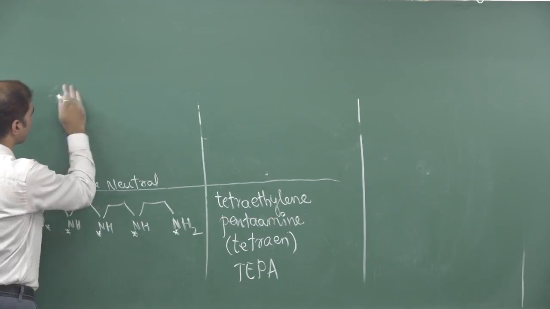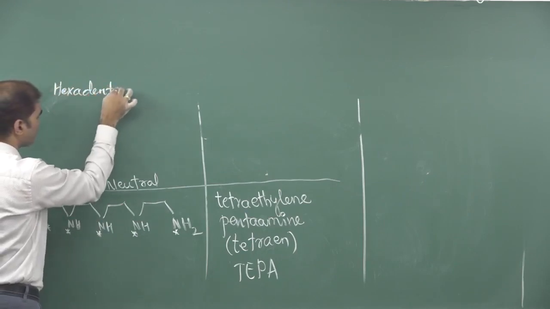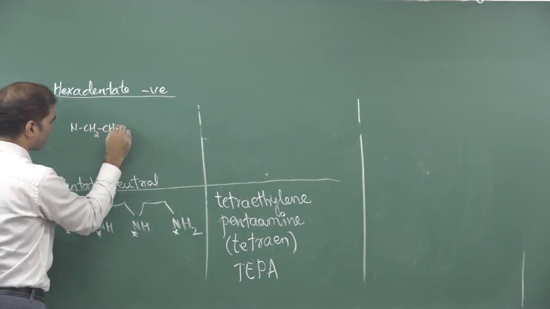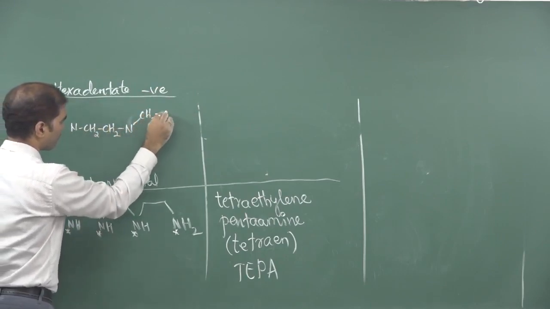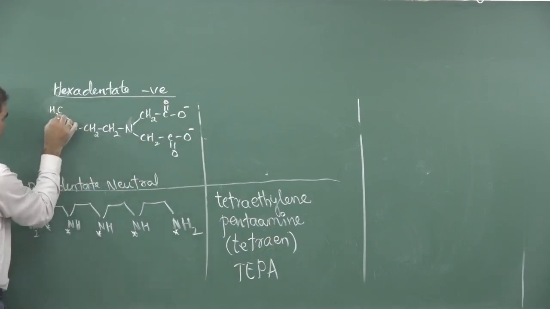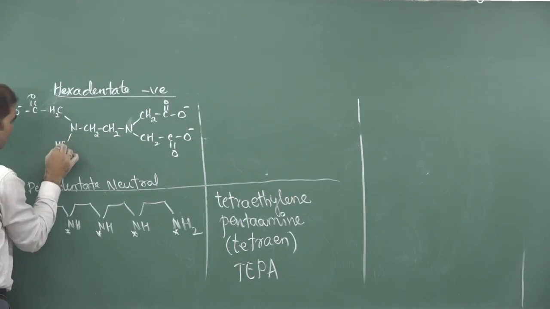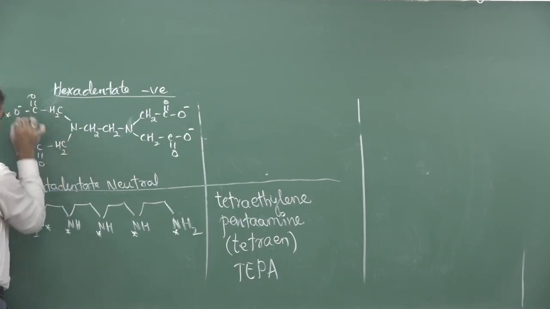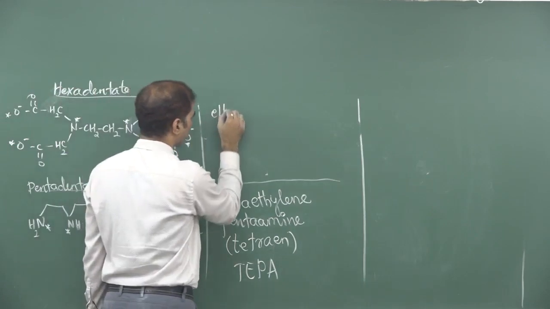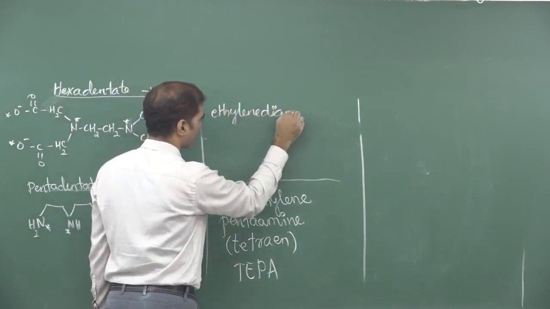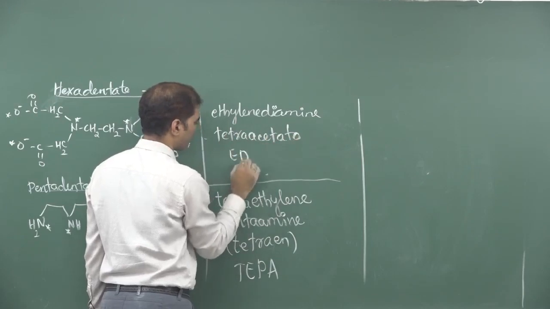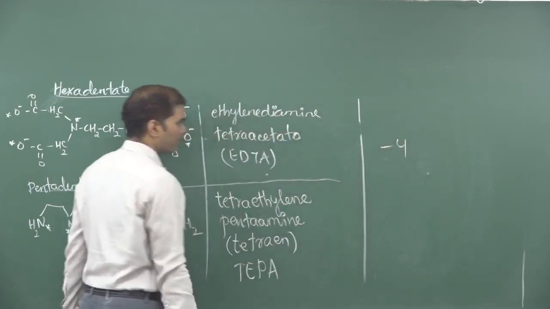Pentadentate neutral. And lastly, hexadentate negative ligand: ethylene diamine tetraacetate, 4 negative charges.